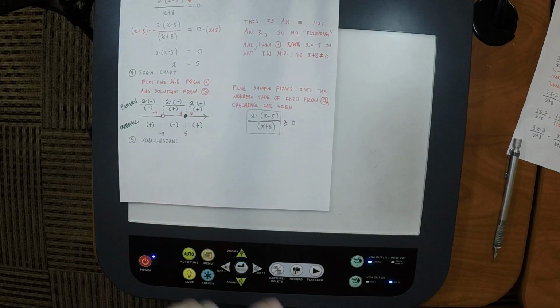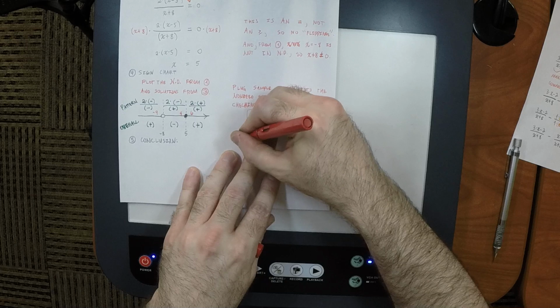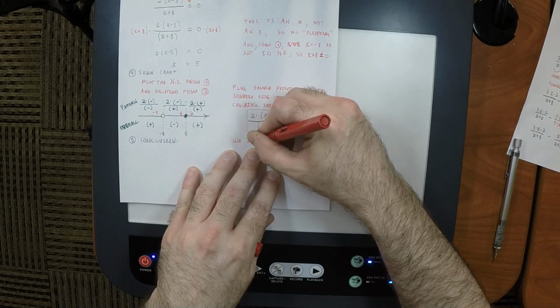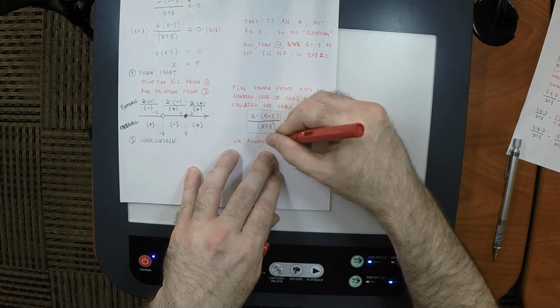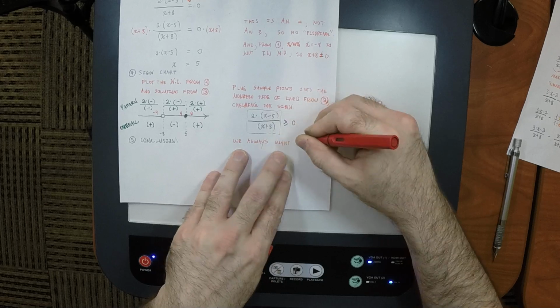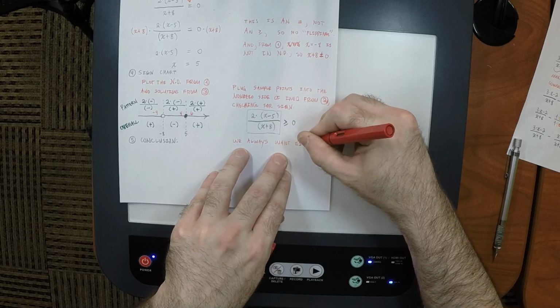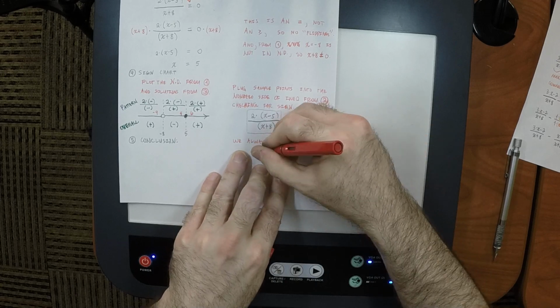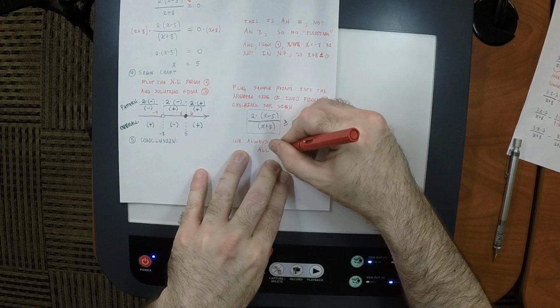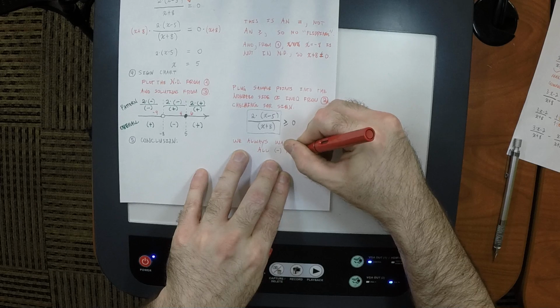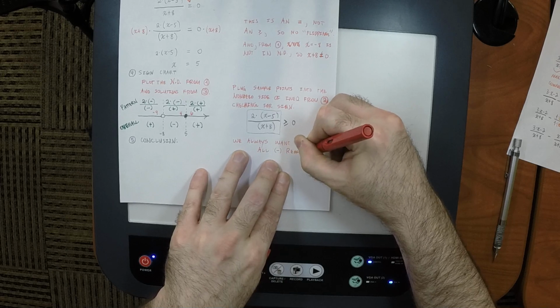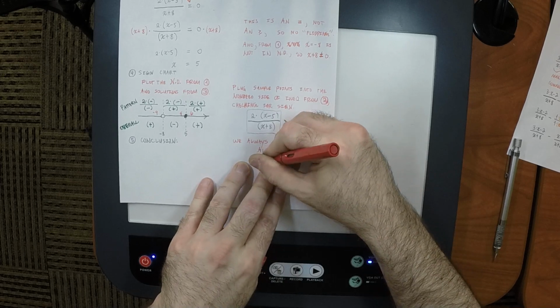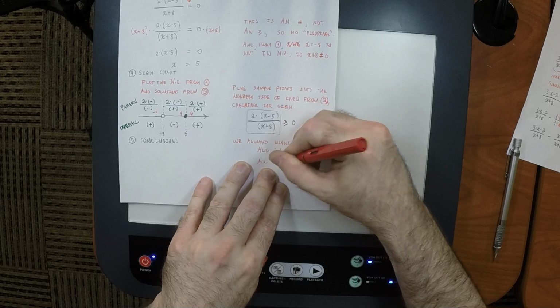Now, the way the conclusion works is that we always want either all the negative regions or all the positive regions.